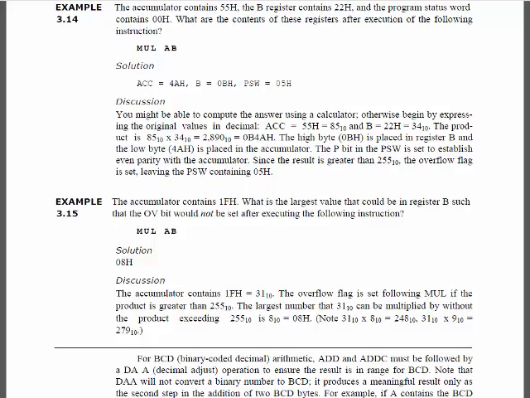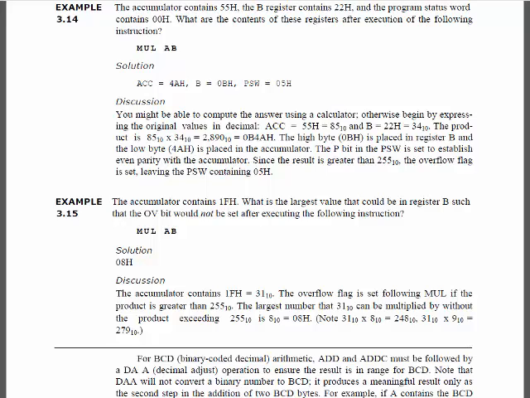So what we're doing is we have 4A in the accumulator, we have 0B in B, the program status word right there, and you compute the answer, the AB product. This is a kind of tricky thing. When you multiply two 8-bit numbers, you can get a 16-bit number. And this is where the multiply command is interesting.